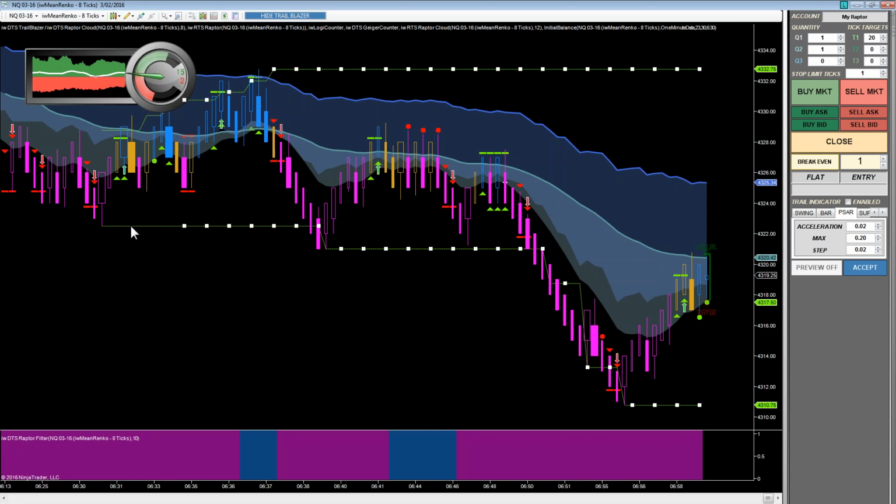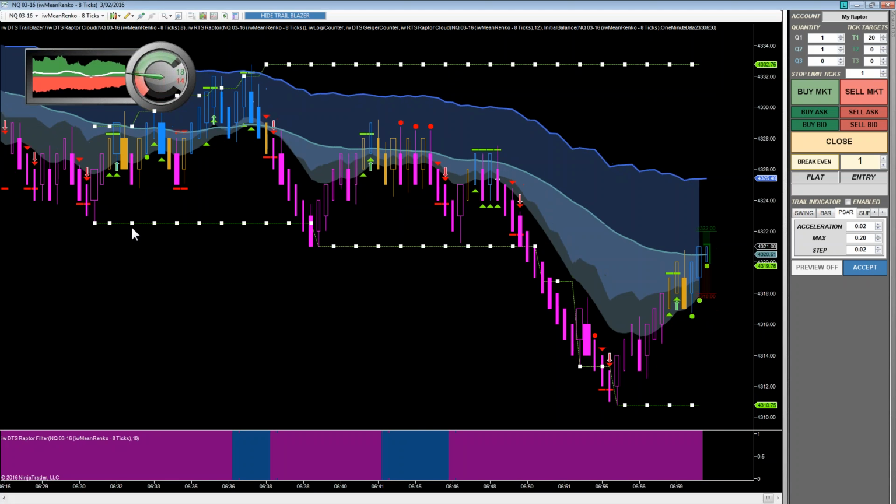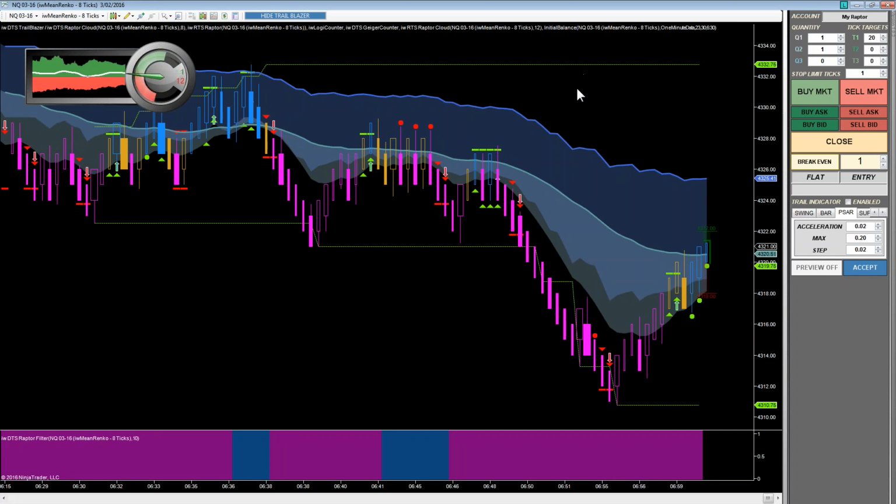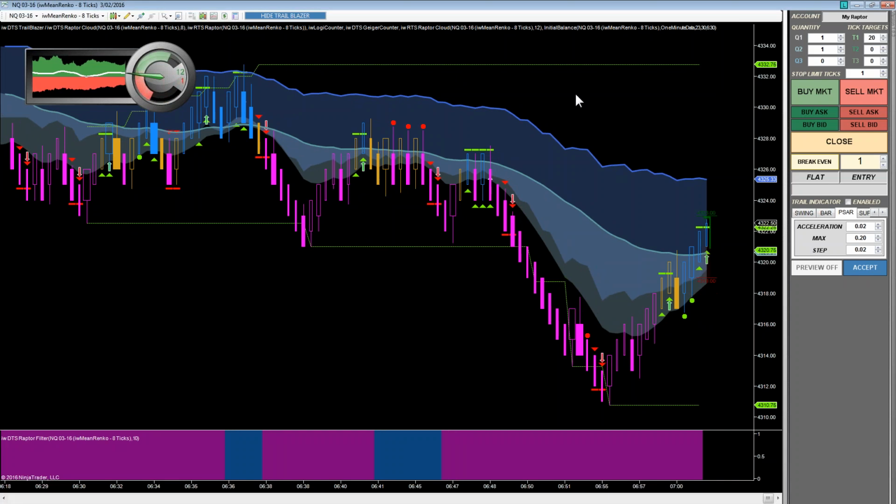So these lines that you see here, this is an indicator from Indicator Warehouse. It's called the initial balance lines. And I use them to highlight the first half hour of trading. It's just because the first half hour of trading tends to be when the institutional traders get busiest.